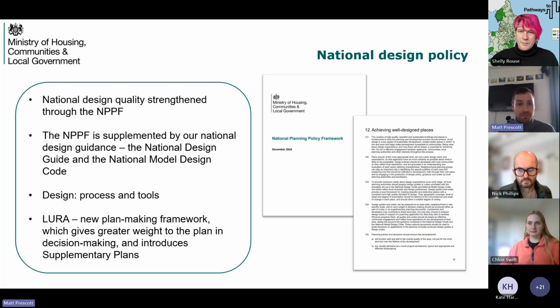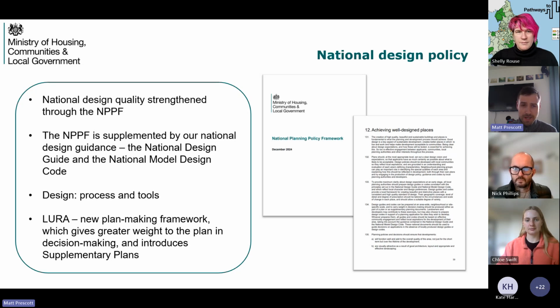So the NPPF is supplemented by our national design guidance. That includes the National Design Guide and the National Model Design Code. The National Design Guide sets out 10 characteristics of well-designed places, and the National Model Design Code sets out the process for preparing a design code and how those 10 characteristics can be translated into a design code and implemented locally.